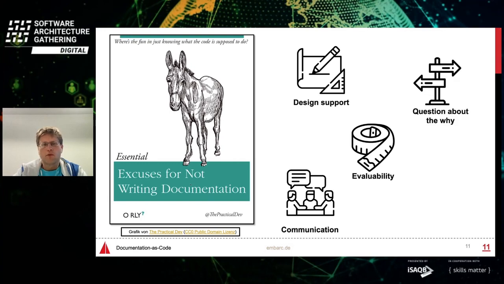And most of the time, a few weeks or maybe a few months later, there's always this question about the why, because something didn't work well, and we think, why did we decide it this way? And nobody can tell why it was decided this way. We also should not forget our new colleagues who are joining our project, and they are also quite happy if they find some documentation.